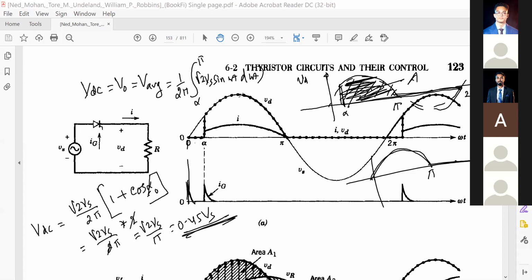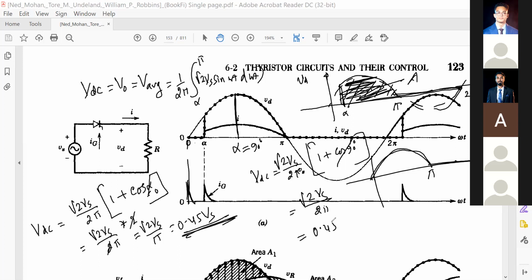And suppose alpha equals 90 degrees, then your VDC will be root 2 Vs by twice pi times 1 plus cosine of 90 degrees, which is 0 cosine. Then you are getting 0.225 Vs, 50% of the diode rectifier voltage. You understand it? Yes, sir.